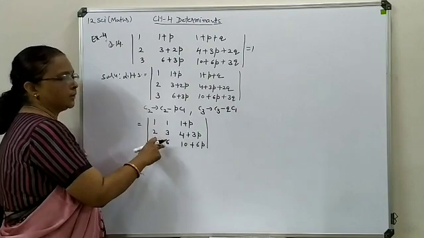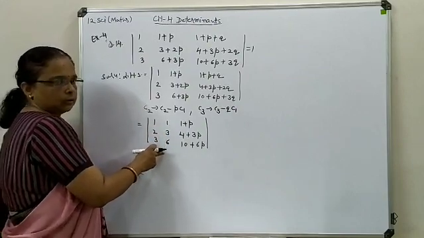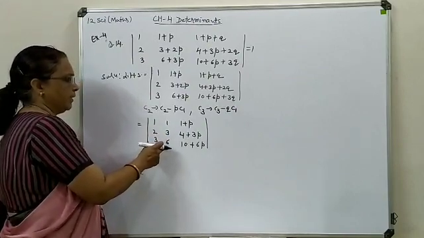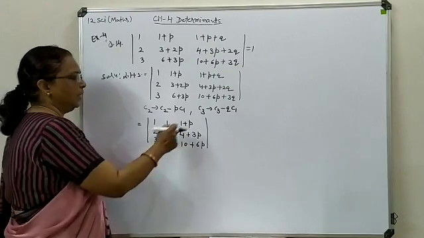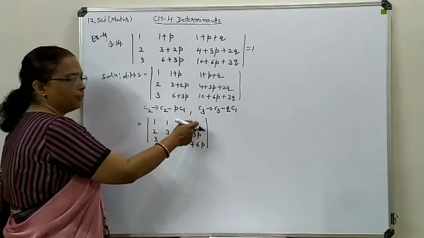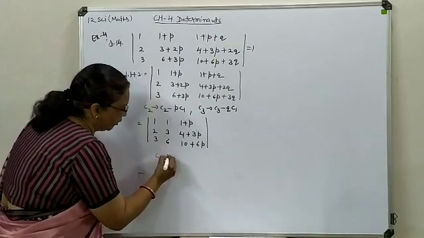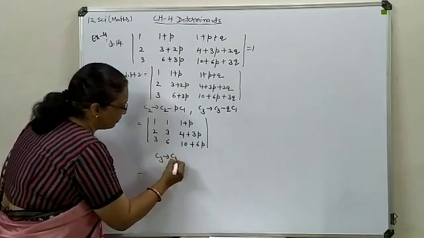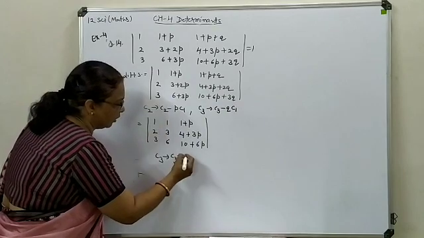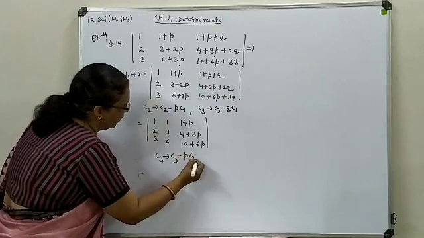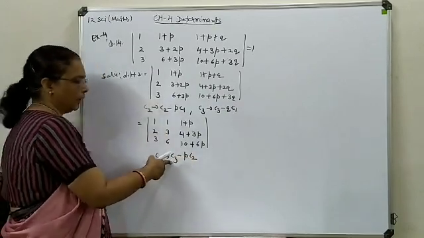So here again the same type of property you will implement: your second column multiply by P and subtract from the third one. Again in the third column we require a change, multiplying the second column by P and subtracting from the third one.